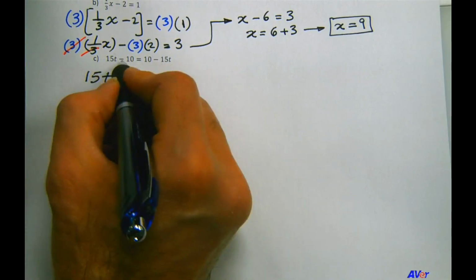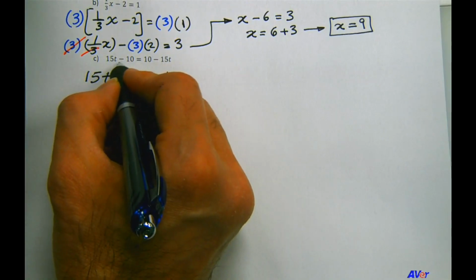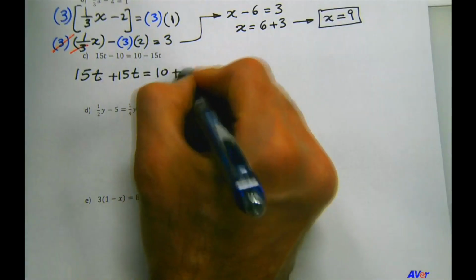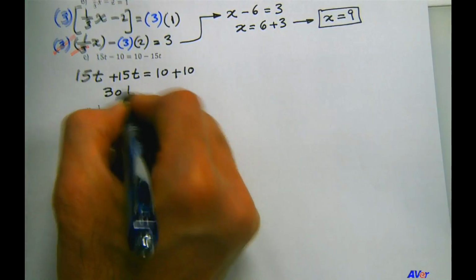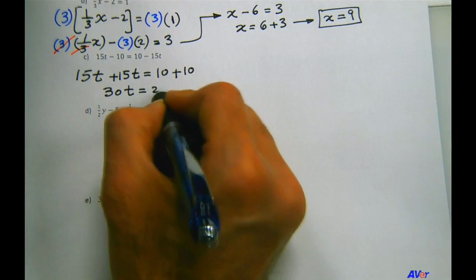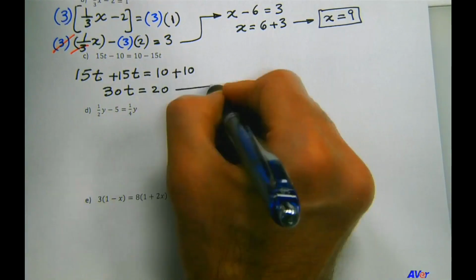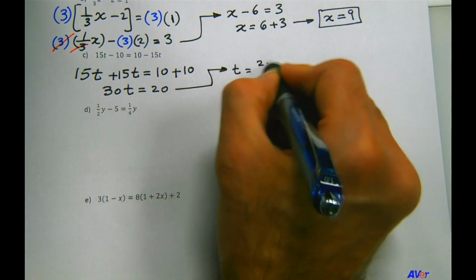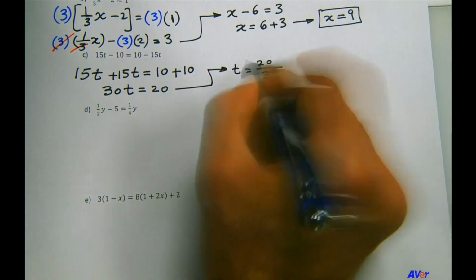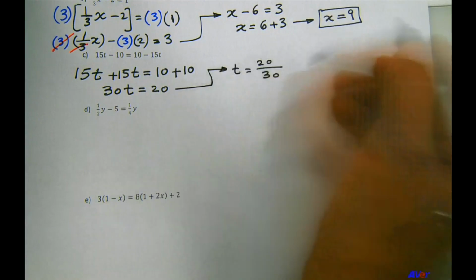We have a negative 10 on the left. Move this negative 10 from the left to the right, and we end up with positive 10. So what do we end up with? We have 30t equals 20, and then t is equal to 20 divided by 30, or 2/3, right?